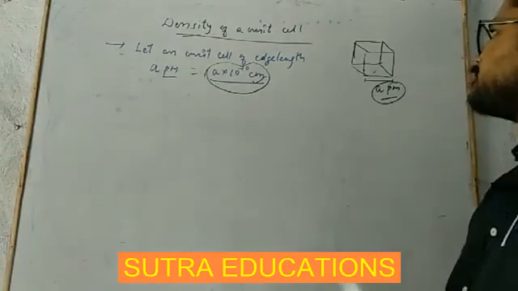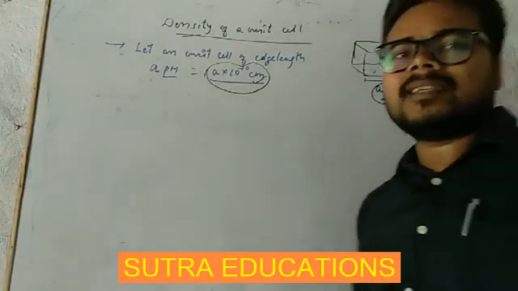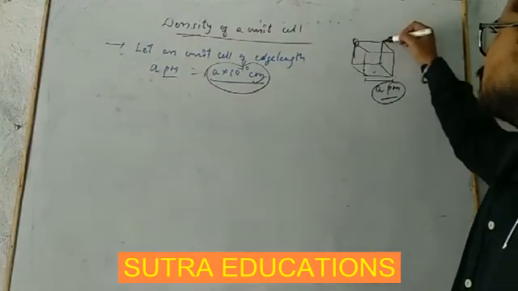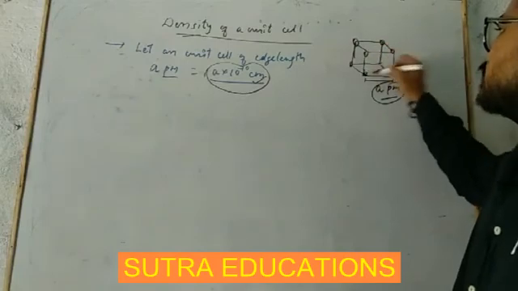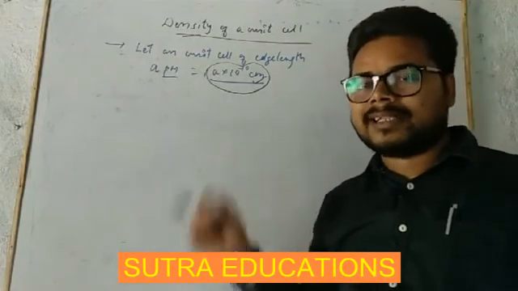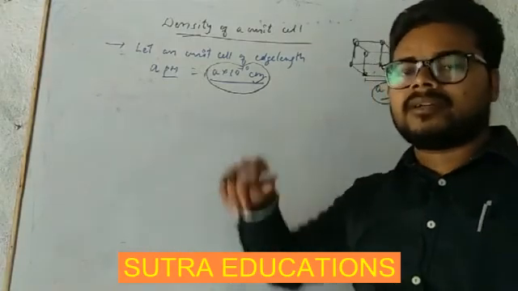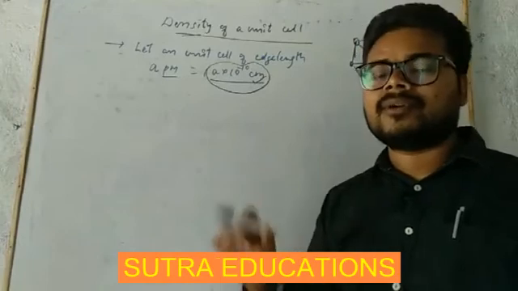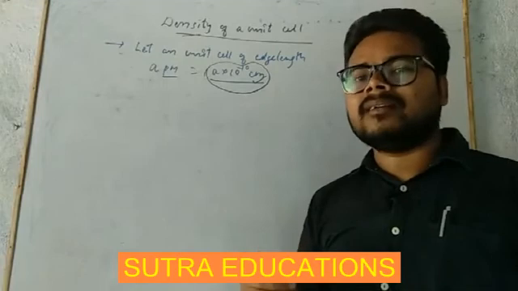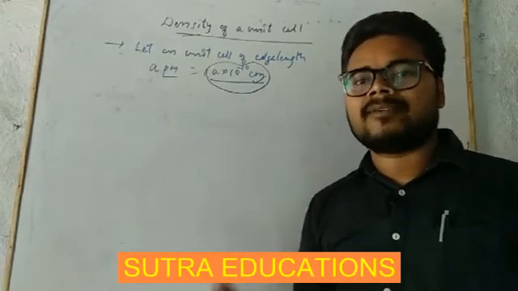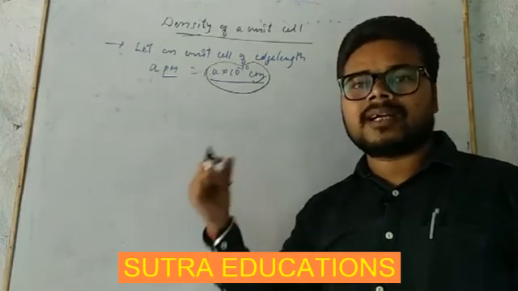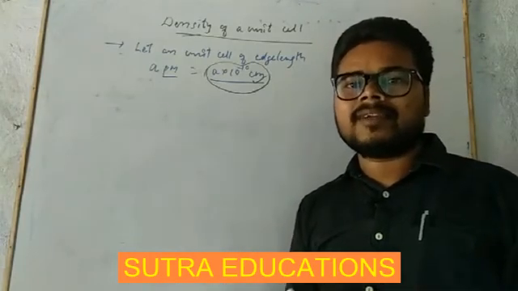Second thing, if it is a unit cell, then certain atoms will be occupying the corners, body, faces or edges. We don't know which kind of unit cell this is. We are simply going to derive a general formula for density of a unit cell, so in a general way we are going to derive it.